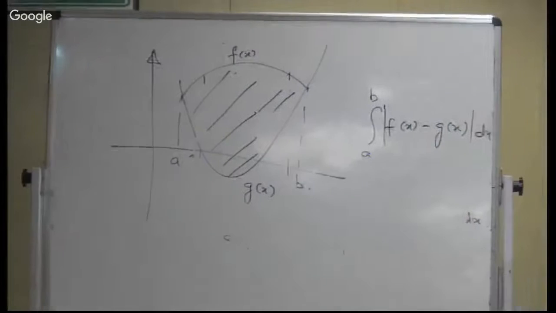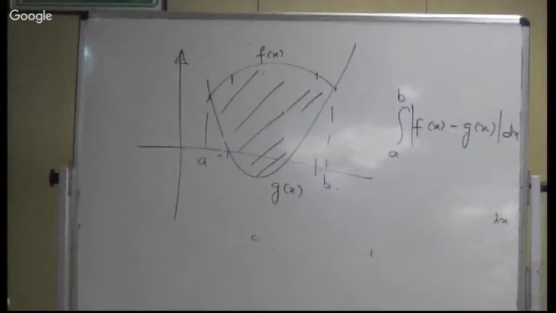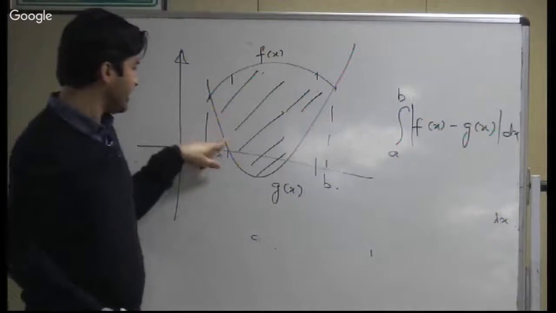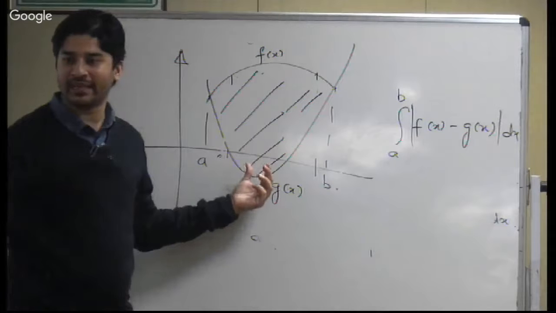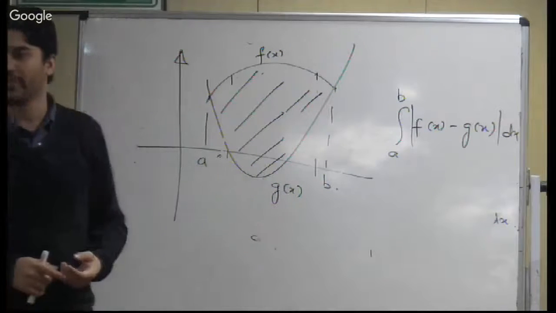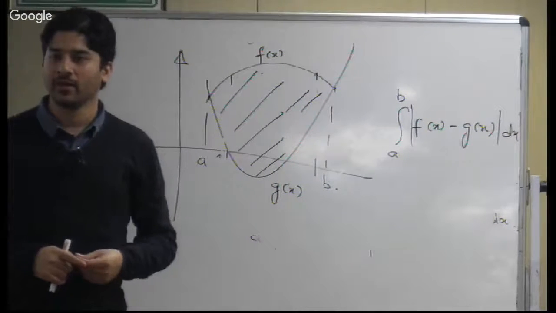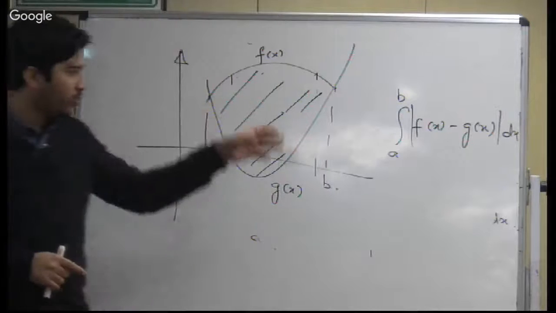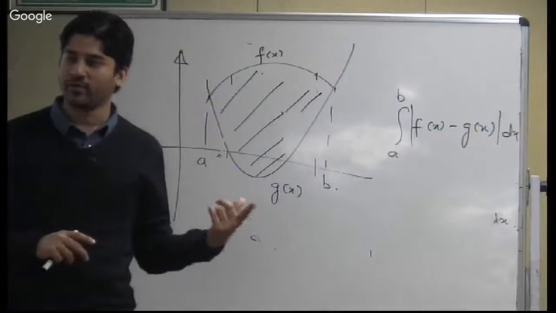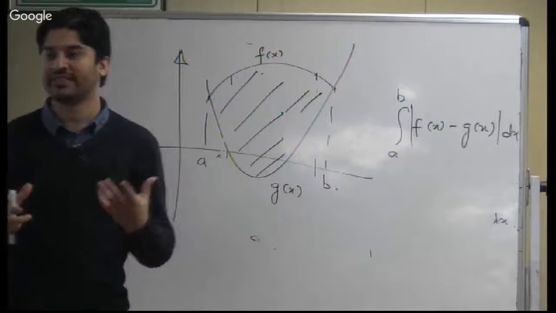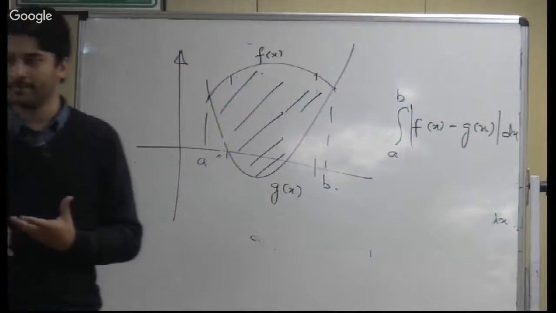Why? Because till here it was positive, and you are finding differences. Here it is negative, and negative minus negative makes it positive, so it will be fine. There won't be an issue with it. So that formula, mod f(x) minus g(x) dx. You have to take the mod because you're not sure whether f(x) is greater or g(x) is greater. Clear?